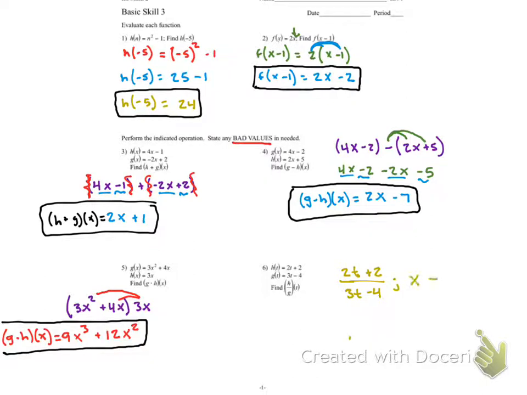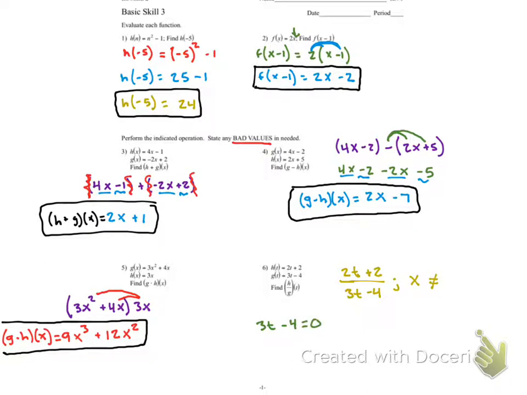So x cannot equal a number, because, well, we don't know what the number is yet. We're going to figure that out. Remember that we can never have the denominator equal to 0. When we have a denominator that's equal to 0, our fraction becomes undefined, and we don't want that. So what we have to figure out is what value would make the denominator 0.